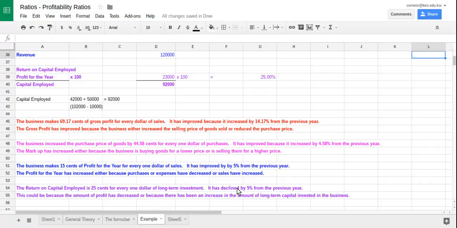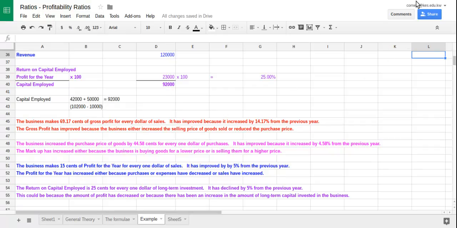It's declined from the previous year by 5%, and this could either be because the amount of profit has decreased or there's been an increase in the amount of long-term capital invested in the business. So if you look at it here, you've only got two real variables, profit or capital. If this figure gets smaller, either the amount of profit got smaller, or the business has gone out and got more capital.